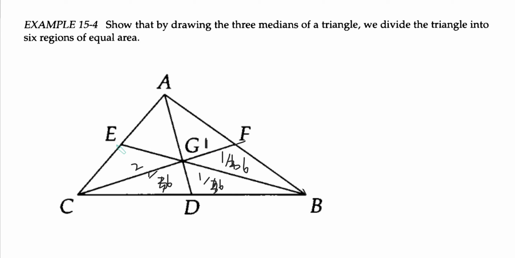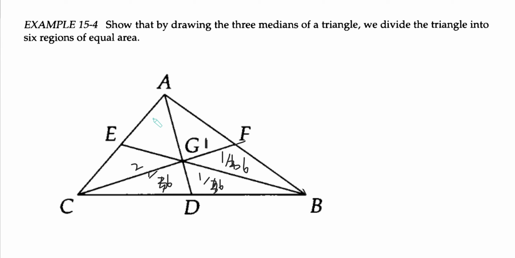Now, what about this side? Well, by symmetry, it's just the exact same argument. So, to get the first one, these two are equal by that same easy altitude base argument. So those two are equal.